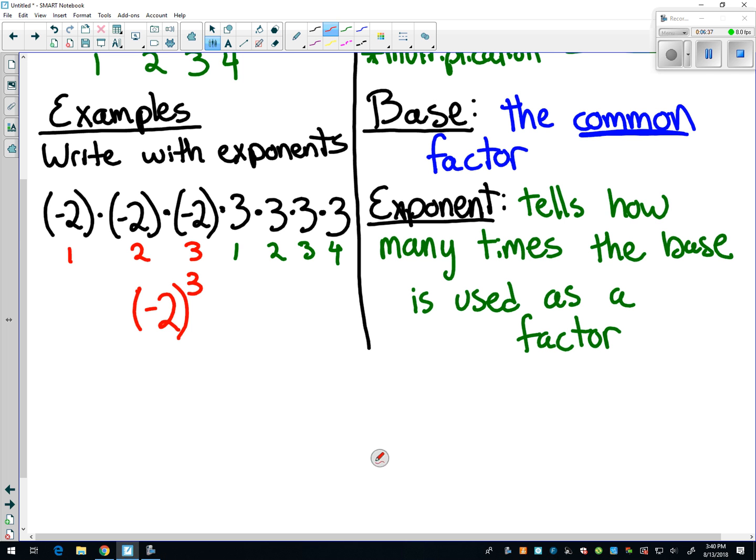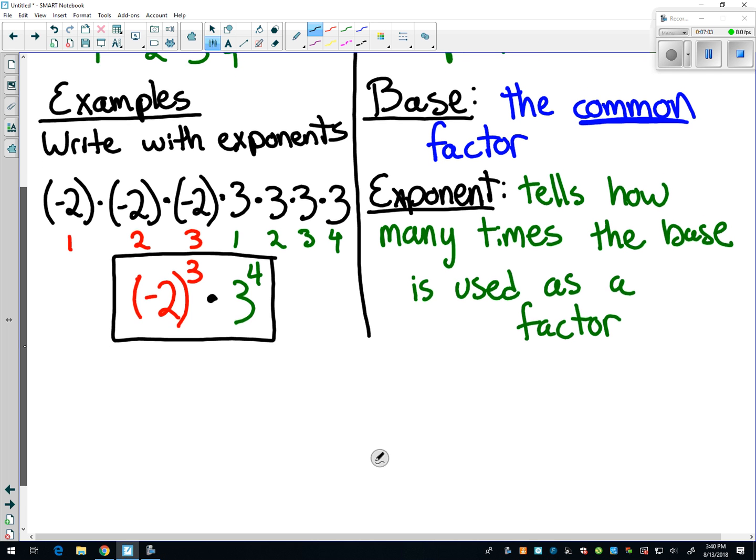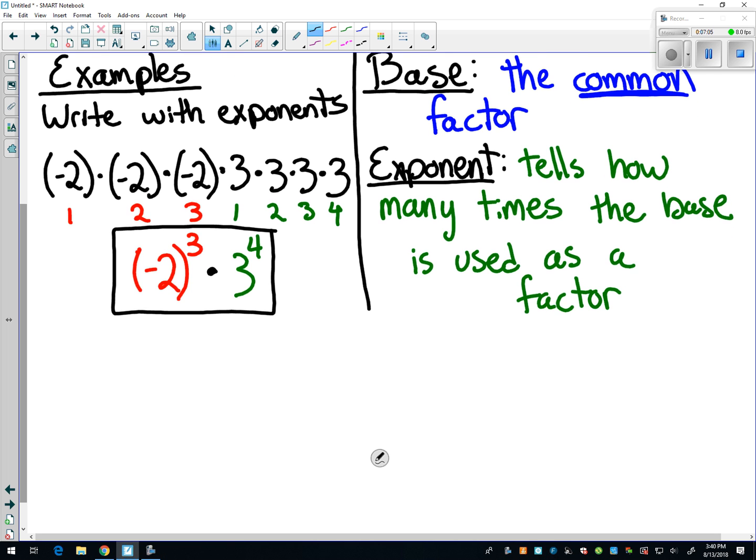So that's the first power. That's going to be multiplied to, I have a common factor of 3. It shows up a total of 4 times. So this is how I would rewrite the above expression using exponents. All you're going to do is count how many times the pieces appear in the problem.